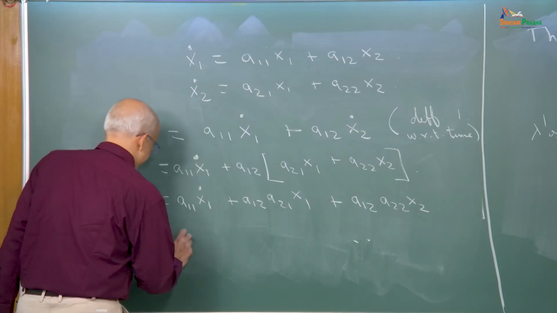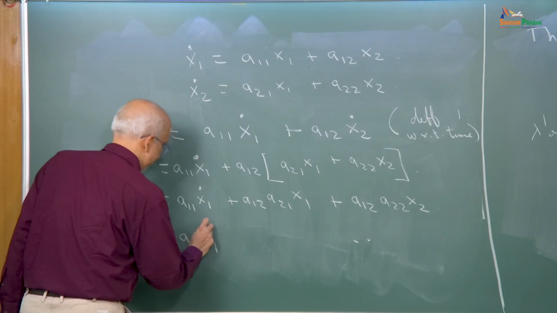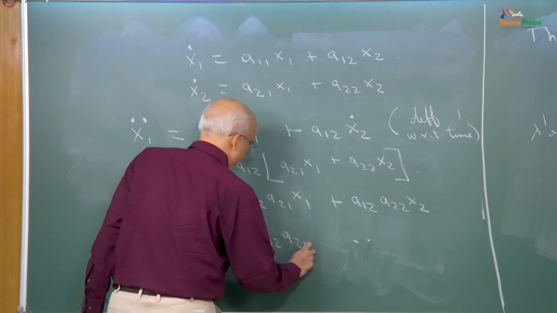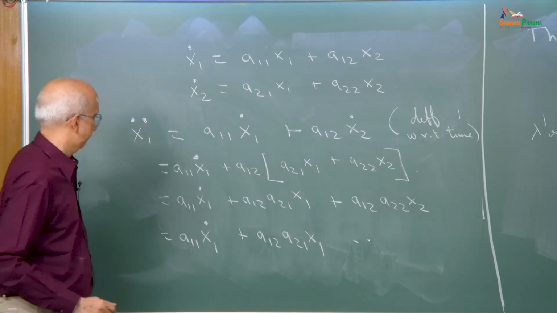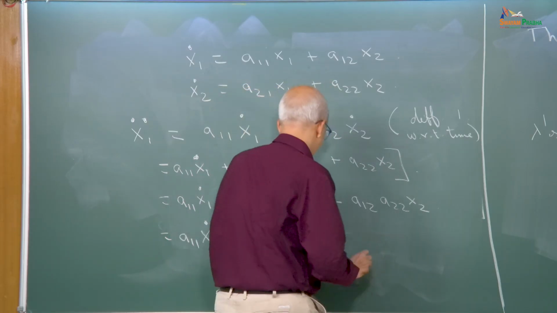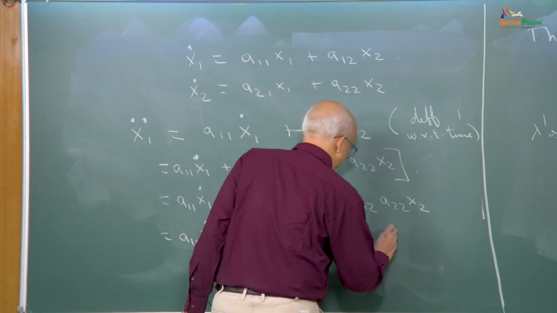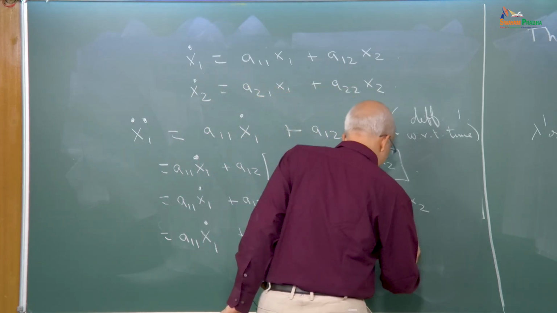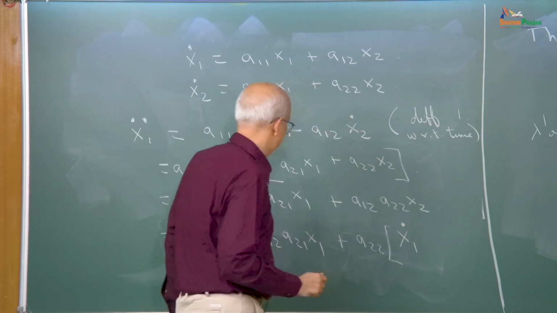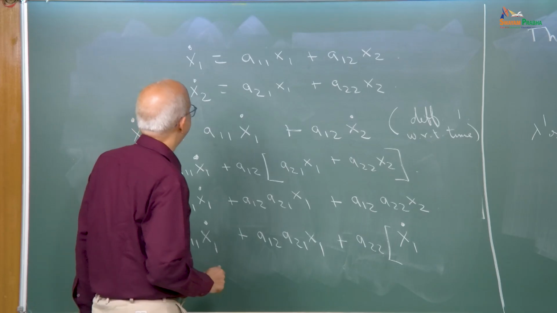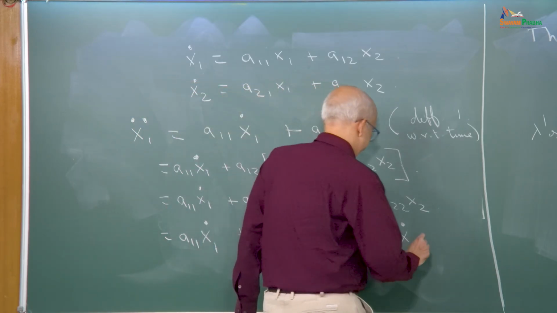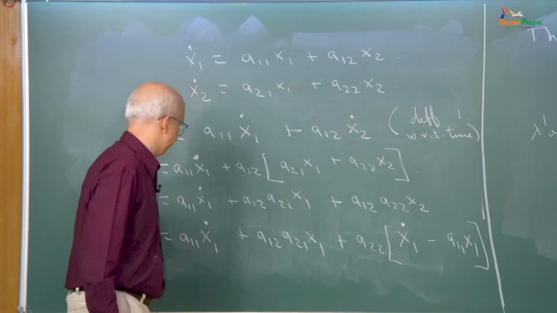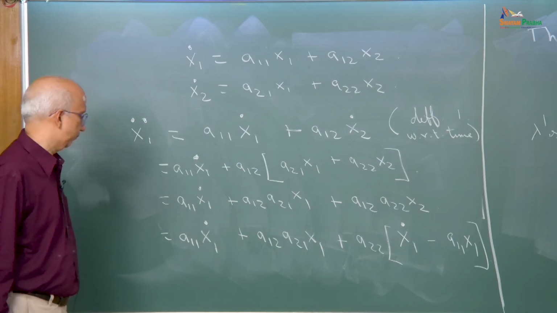So, I have A11 x1 dot plus A12 A21 x1, and this I will write as A22 times A12 x2, which is x1 dot minus A11 x1.